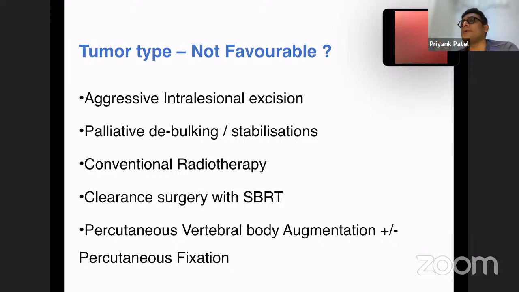This type of treatment is now becoming common and popular for tumors which are classically radio resistant, meaning conventional radiotherapy will not work on them, but SBRT will. For certain tumors, you just do a vertebral body augmentation like vertebroplasty for the instability type of pain that the patient has, and do percutaneous stabilization so that the remaining part of life the patient remains pain-free. So these are the different treatment options available where you are not able to remove the tumor.